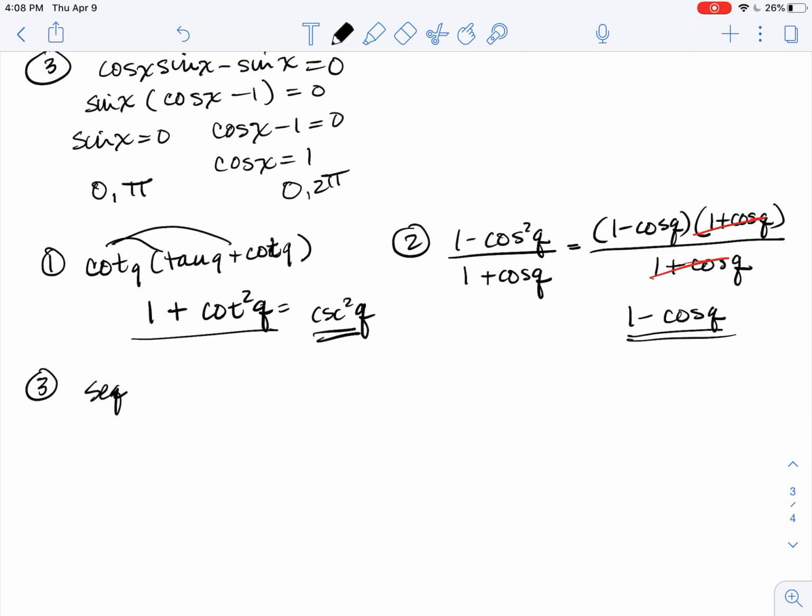All right, let's see if there's any more. Let's try number 3. Secant theta, cotangent theta minus cotangent theta cosine theta.